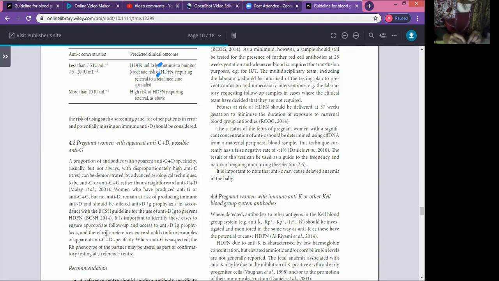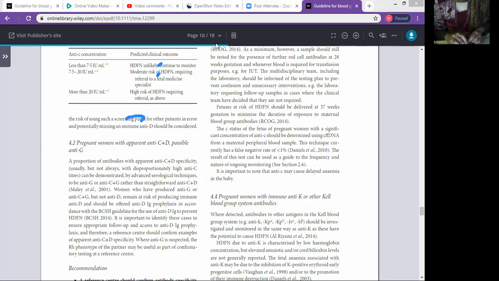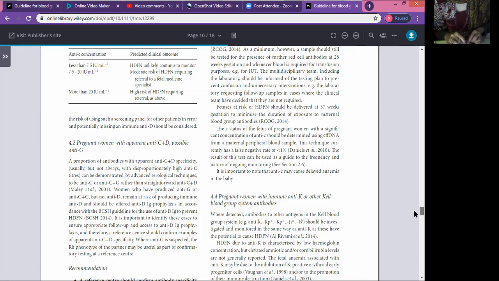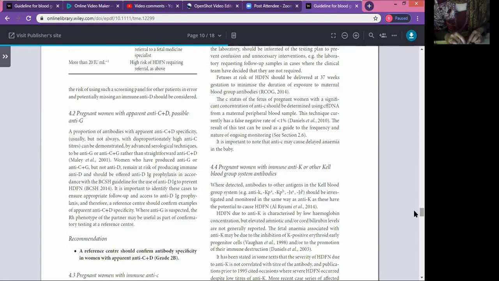So these women, not only regarding the immune and passive protocol, we also need to go about documenting other antibodies like the big C, which may be present alongside the anti-D.